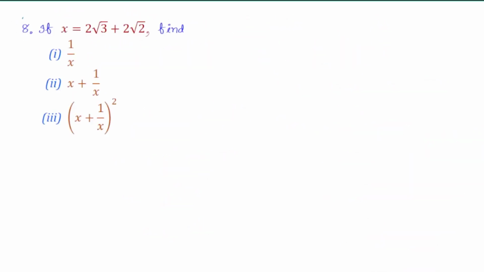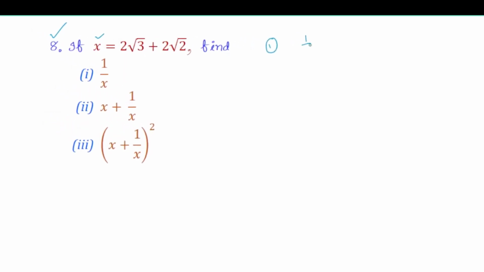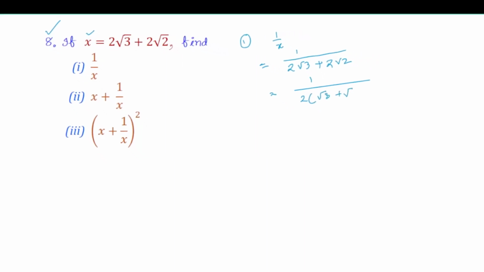Okay, number 8. If x is equal to 2 root 3 plus 2 root 2, find 1 upon x, x plus 1 upon x, and x plus 1 upon x whole square. So first we'll do 1 upon x, 1 divided by 2 root 3 plus 2 root 2. 2 common, 3 plus root 2.